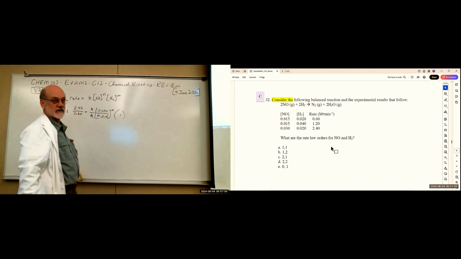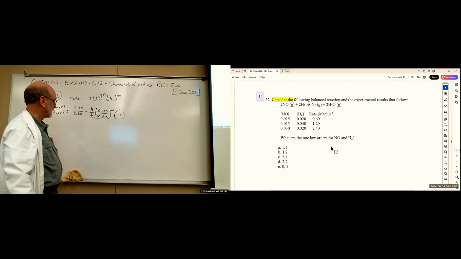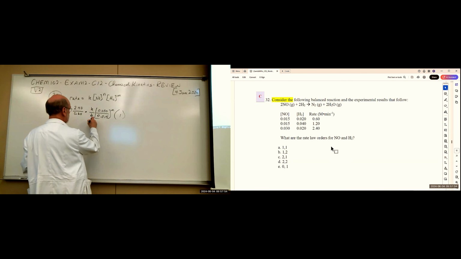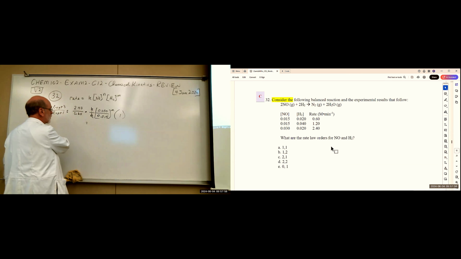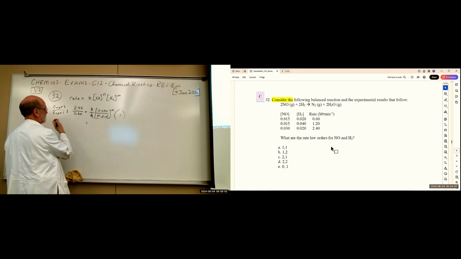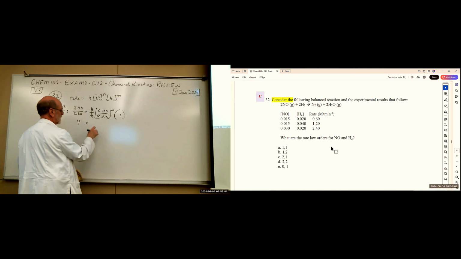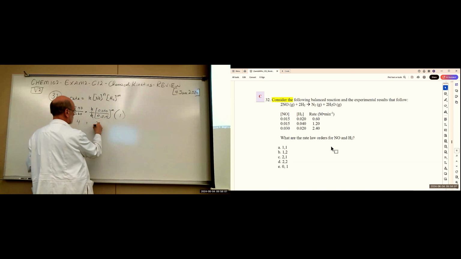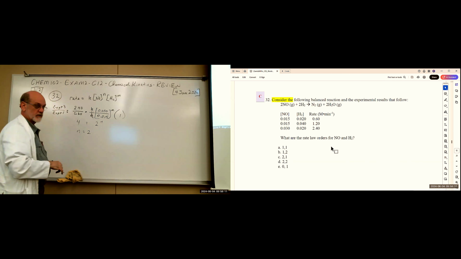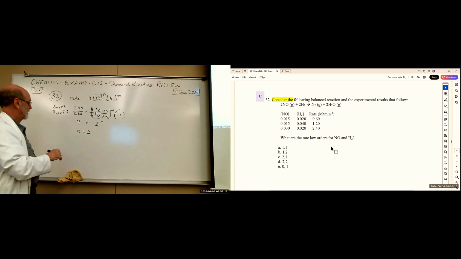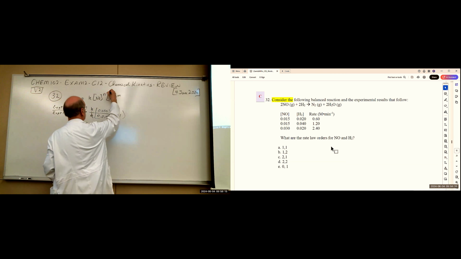That one, because we made sure that it didn't change. So that cancels. And this is 0.6 into 2.4 is what? 4? Yeah, 4. And this is 2 to the N. So N has to be equal to 2. We have to square 2 to get 4. Right? So this N is equal to 2.